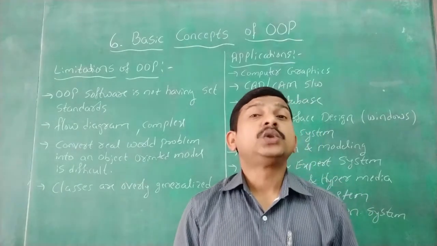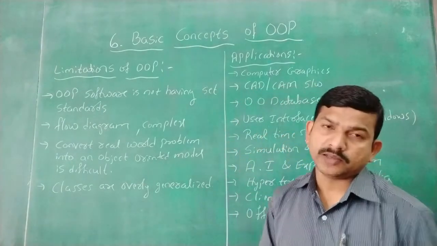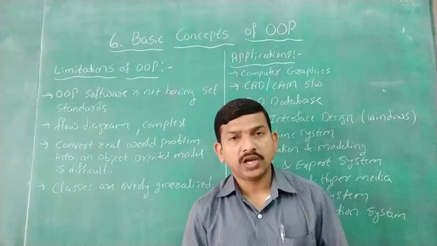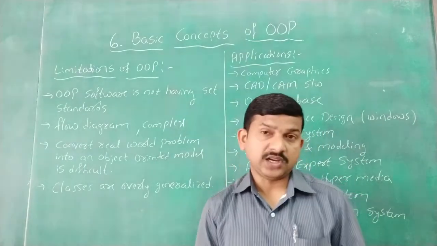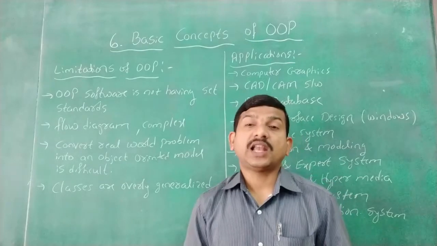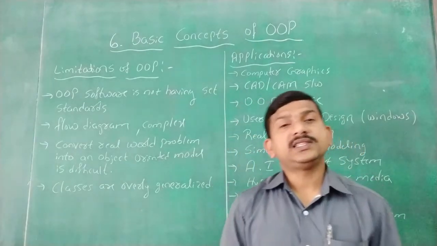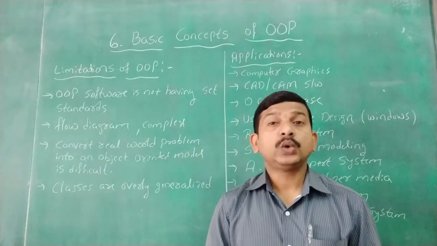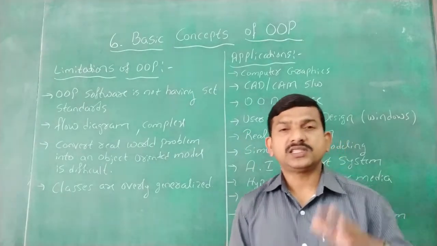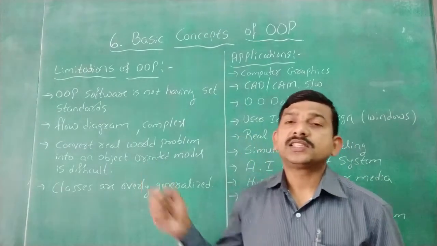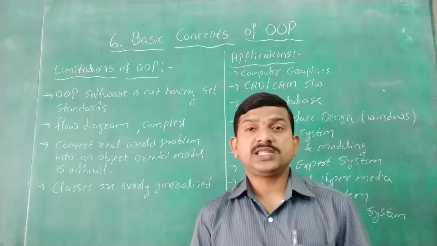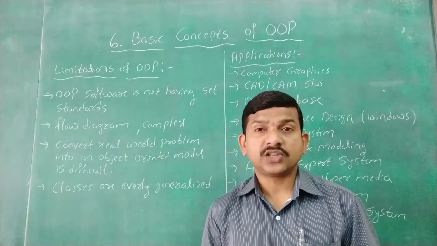And third one, converting real-world problems into an object-oriented model is also very difficult. And the last one, the classes are overly generalized, means they are general things. So these are some of the disadvantages or limitations of OOP.